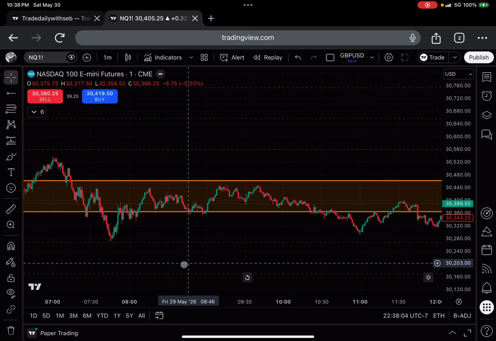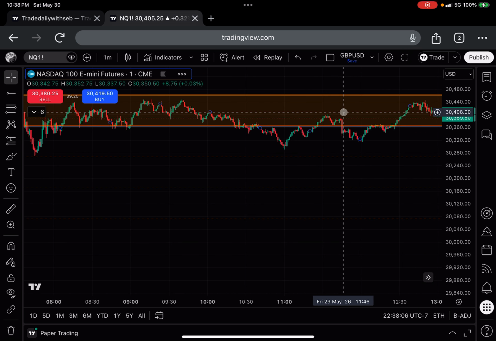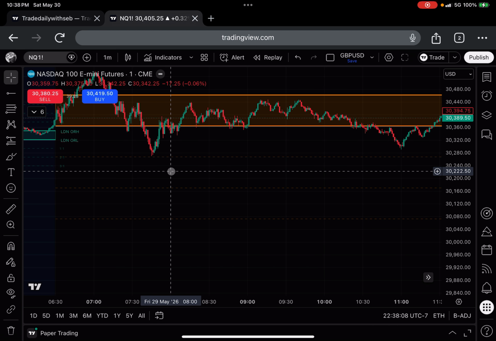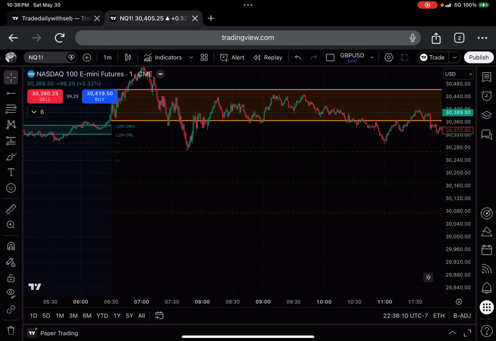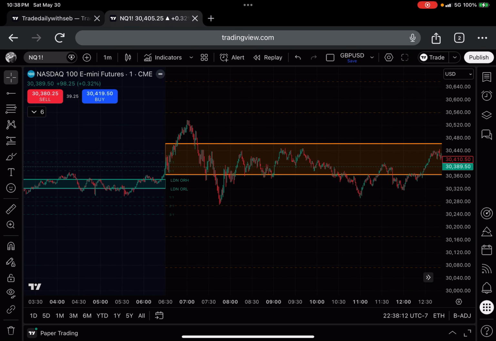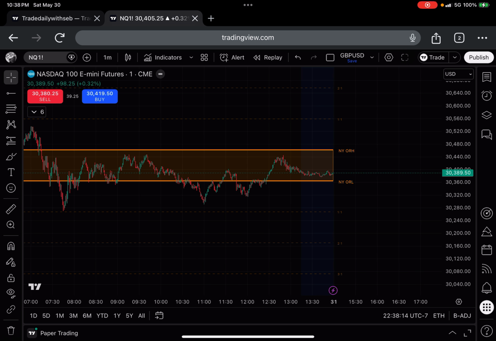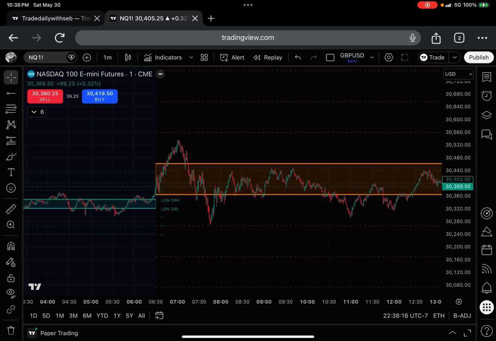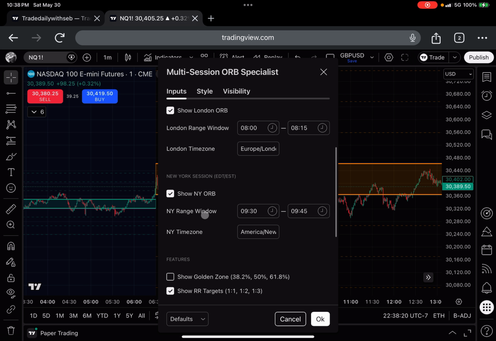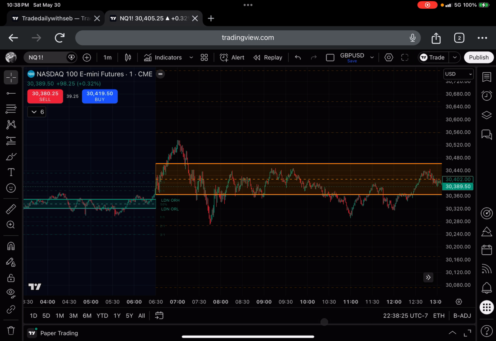They're not going to always hit all the time though. We did get a hit right here off that 1 to 1. It's set up for 1 to 1s, 1 to 2s, 1 to 3s. And I believe I have extension levels too. Oh no, that's just the zone area.